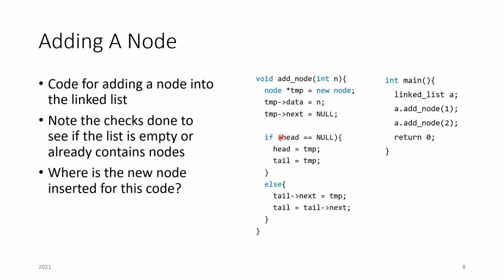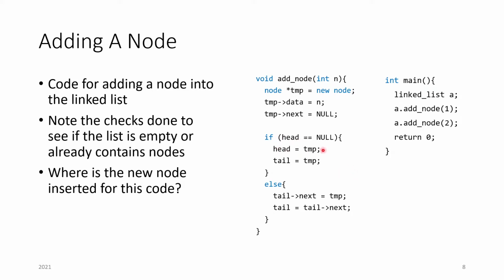So if our head node was equal to null, meaning that there was no start node, we can say that this temporary node is going to be the start node for your entire list. So you can put head and tail both being the start, because there's only one node in the entire list.